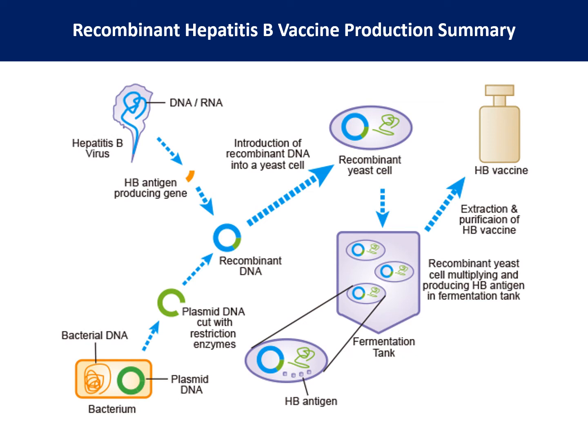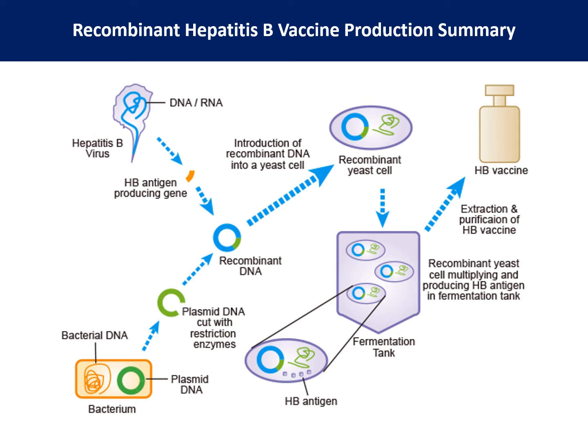And then a plasmid is extracted from a bacterium and is cut with restriction enzymes. The isolated Hep B antigen producing gene is located and inserted into the bacterial plasmid vector, forming the recombinant DNA.